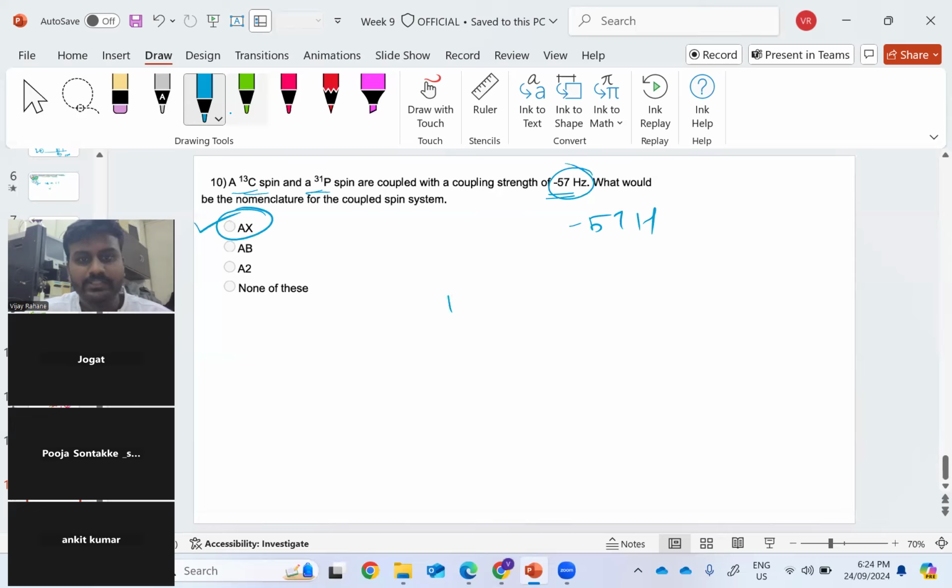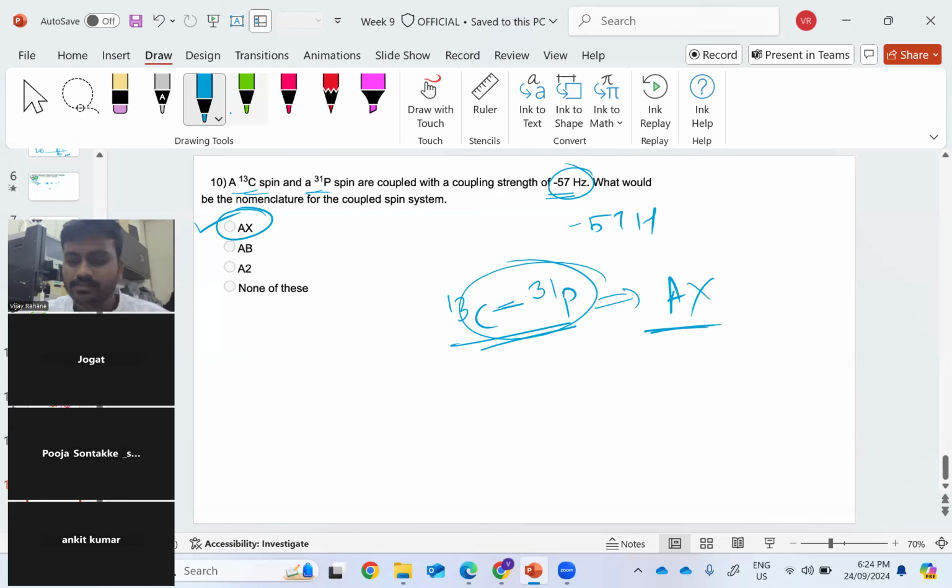Any spin system with coupling between the 13C and phosphorus 31, we call this AX coupling.